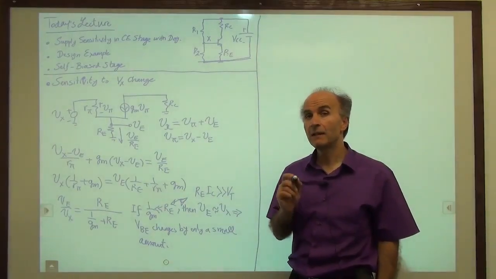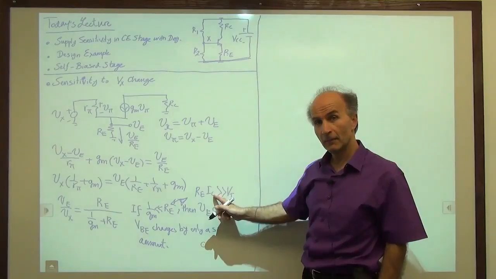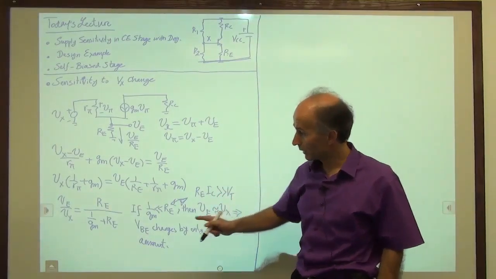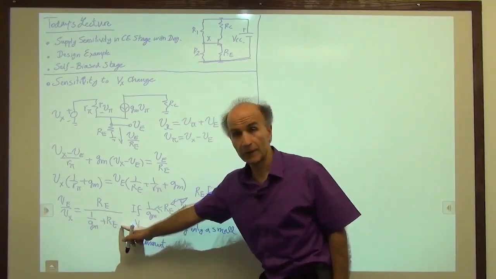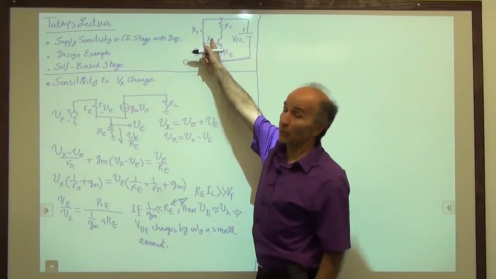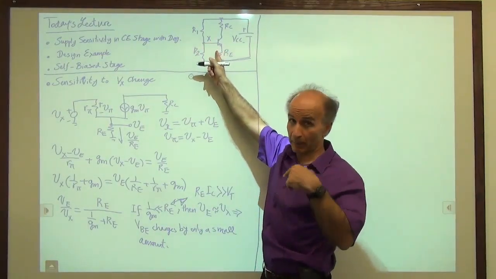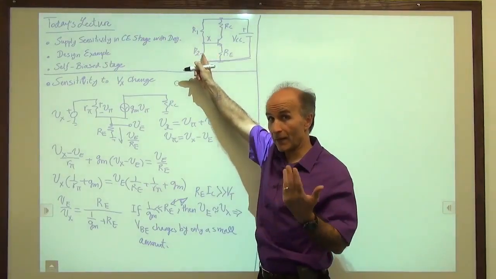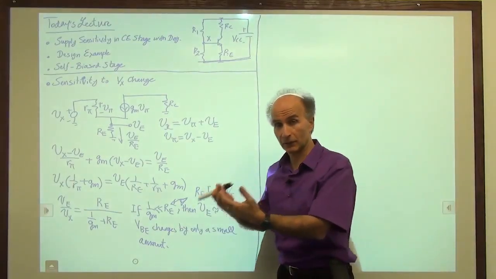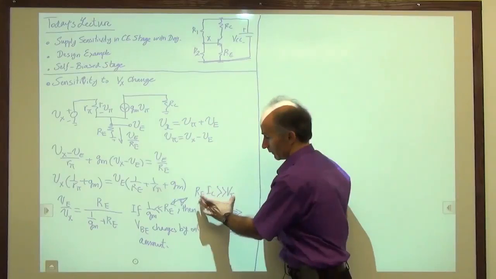The DC voltage drop across RE must be much greater than 26 millivolts for this to be negligible with respect to this, so that when the base voltage goes up as a result of supply change, the emitter goes up by approximately the same amount, and therefore the base emitter voltage does not change much. And therefore the collector current does not change much. So that's how we view this.